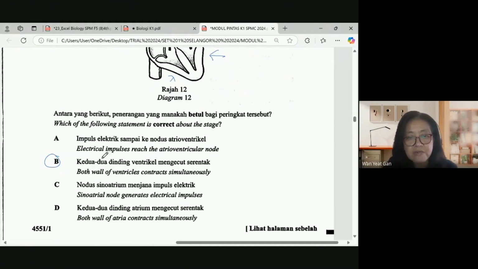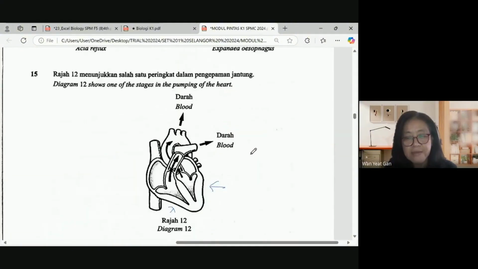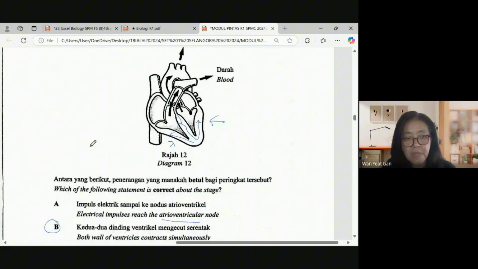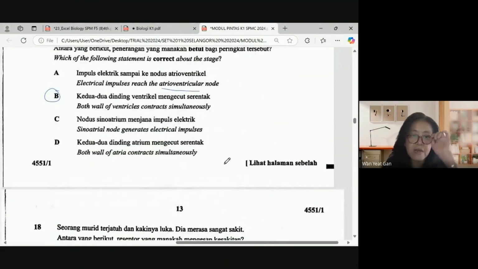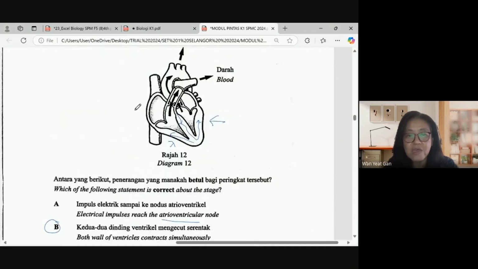Now, if the electrical impulse has just reached the atrioventricular node, it would take time to spread towards the bundle of His, bundle branches, and Purkinje fibers before the ventricle contracts. So A is not the answer. And for C and D, the sinoatrial node is found on the right atrium. Once it starts generating, then both atria contract. But here, we don't see the atria contracting. So the answer is B, yeah?